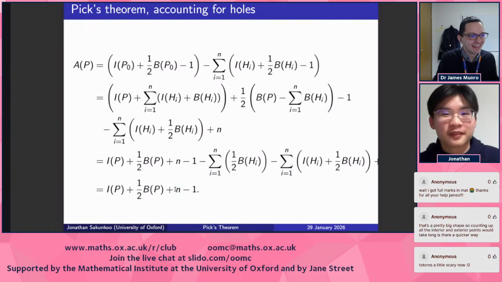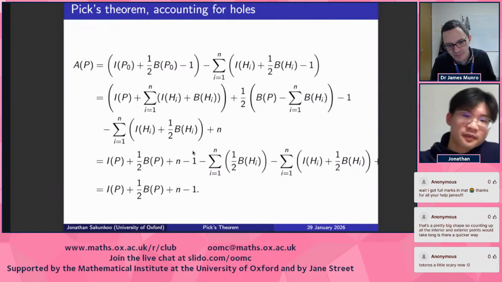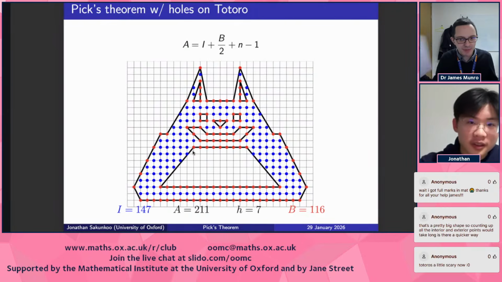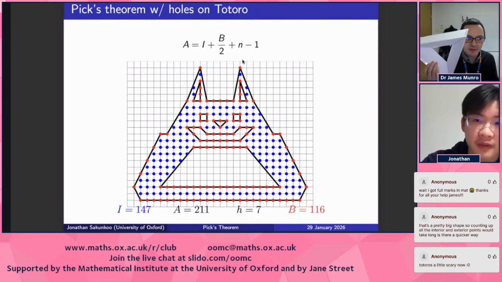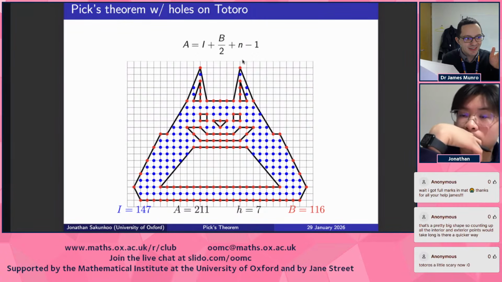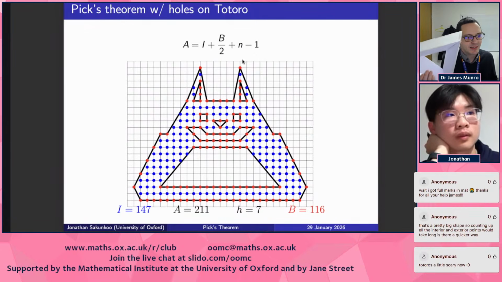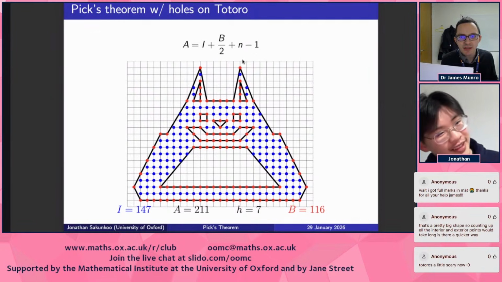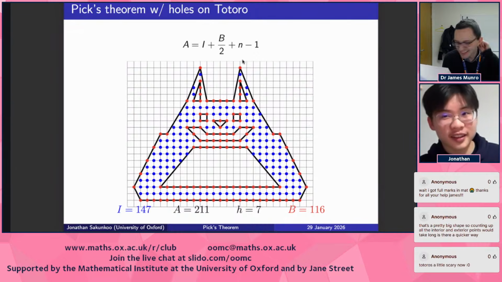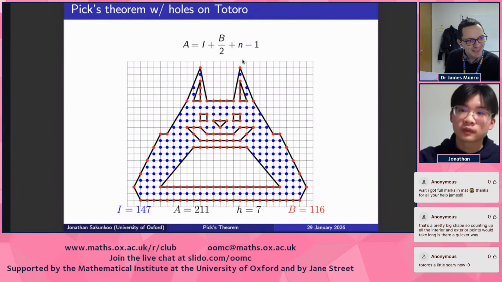It's kind of funny because we have the minus one in Pick's theorem. Is that just a topology thing? If you know it's got genus 6, can you write down the Euler characteristic from before and just say that's 1 minus n instead of 1? Possibly.